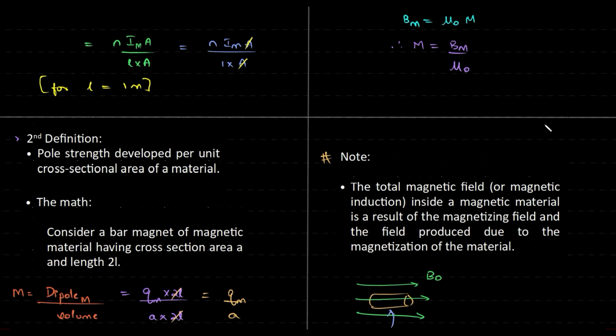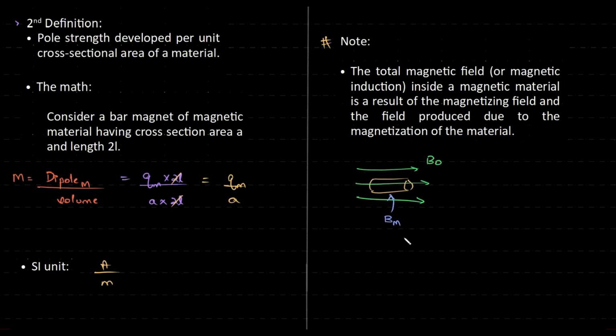So basically these two scenarios talk about a set of wire wrapped around a soft iron. The set of wire is your solenoid and this is your soft iron. As a whole, solenoid is what we are talking about. The wires themselves give B naught. The material gives Bm.